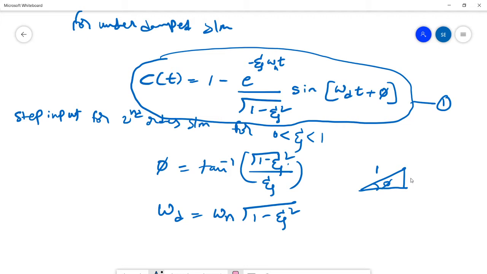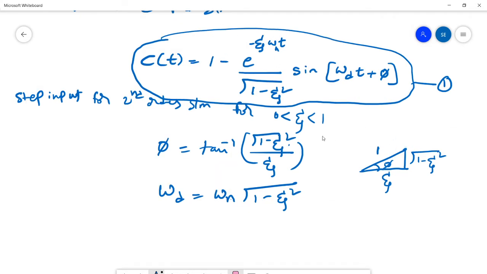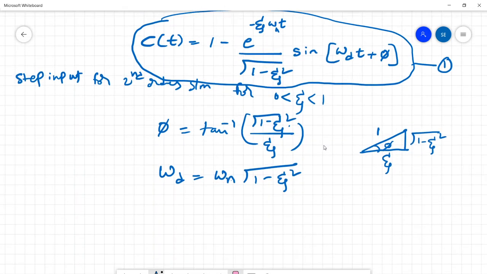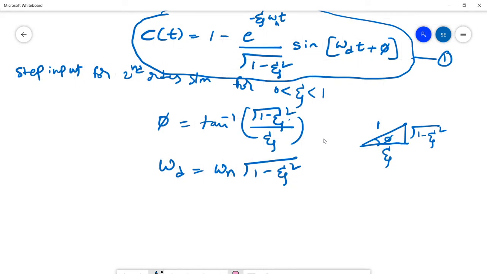The opposite side by the adjacent side is root of 1 minus zeta square by zeta. Remember, we will be using this right angle triangle in the future part of the derivation. Just remember this. And one more point I want to tell here is we are trying to calculate TR, the rise time.